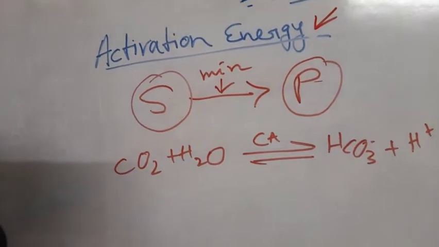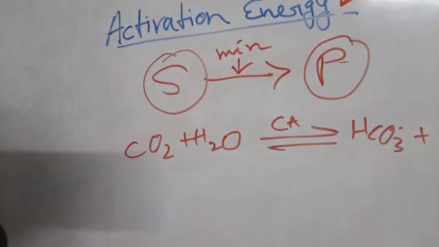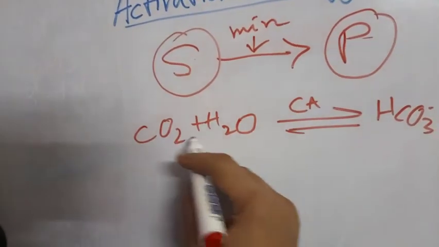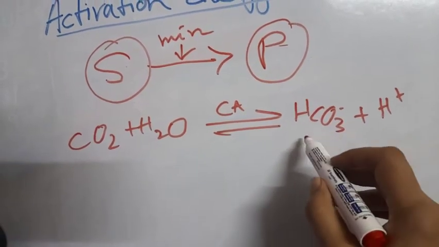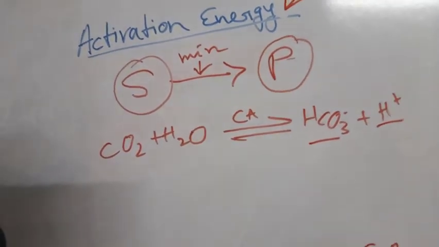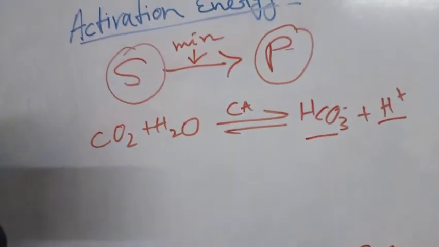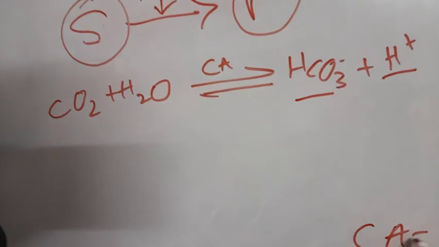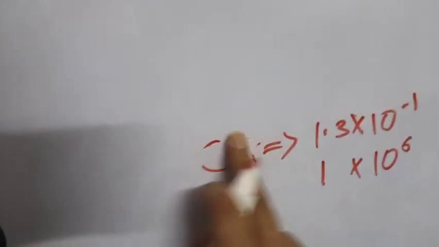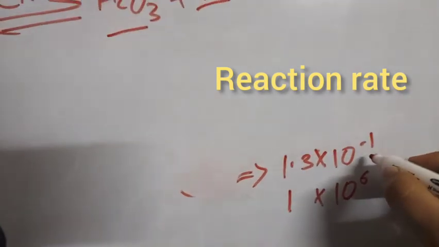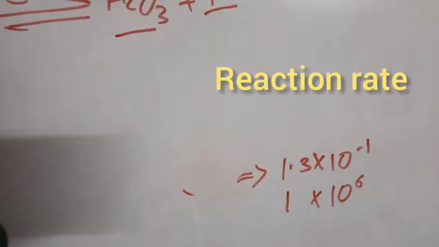Let's talk about an example. Carbonic anhydrase catalyzes a reaction between carbon dioxide and water and produces HCO3, bicarbonate, and H plus ion. If this reaction occurs in the absence of carbonic anhydrase, the rate of this reaction is about 1.3 into 10 to the power minus 1, which is very slow.